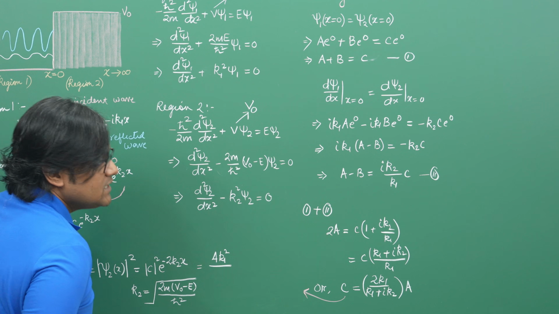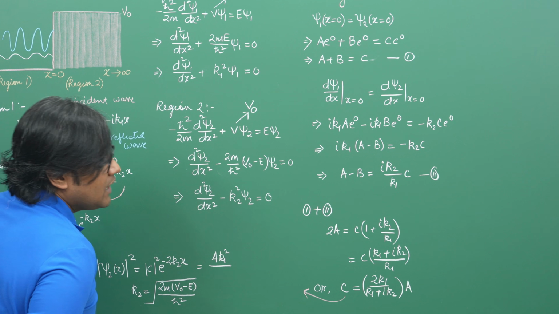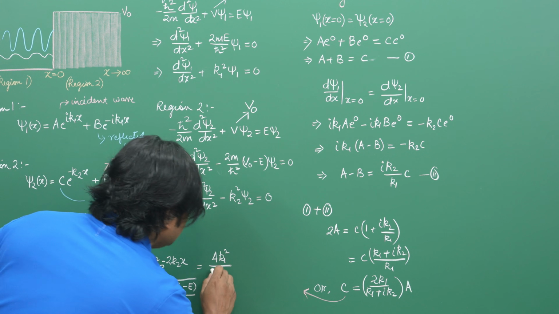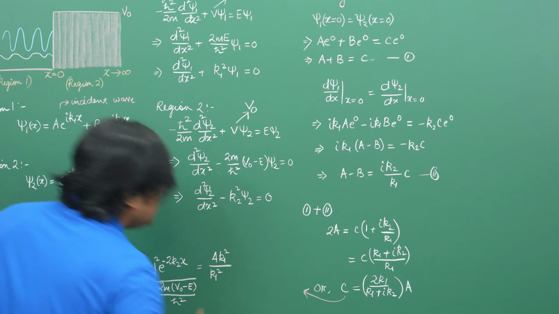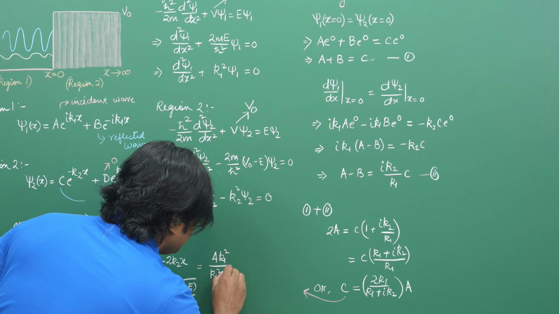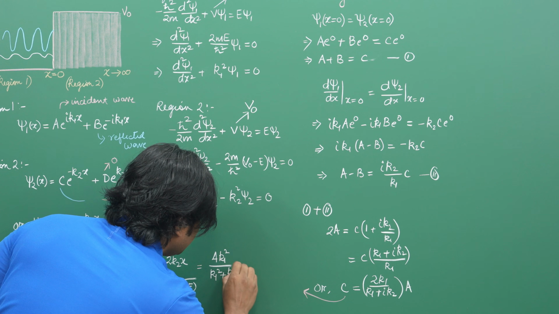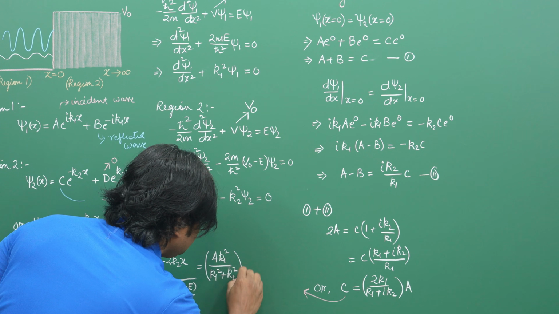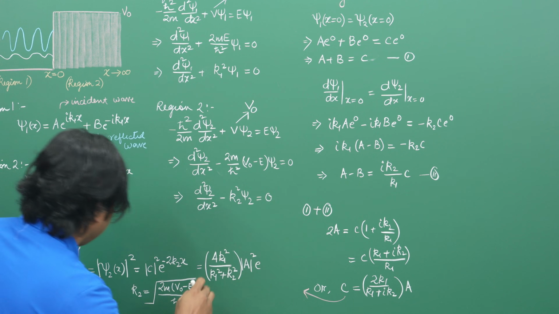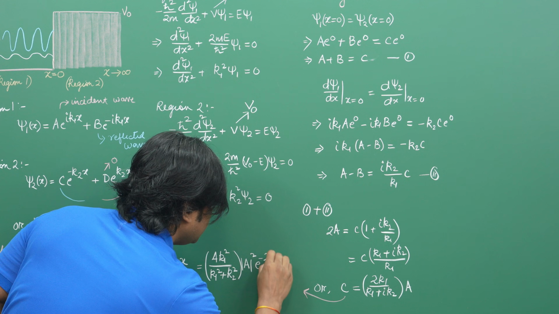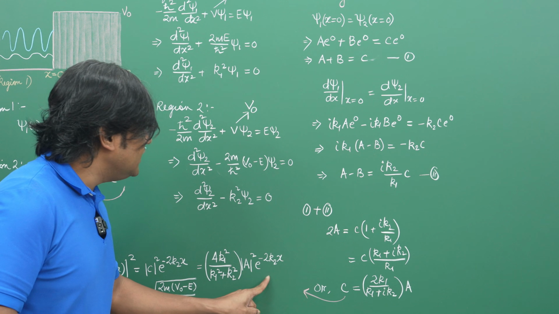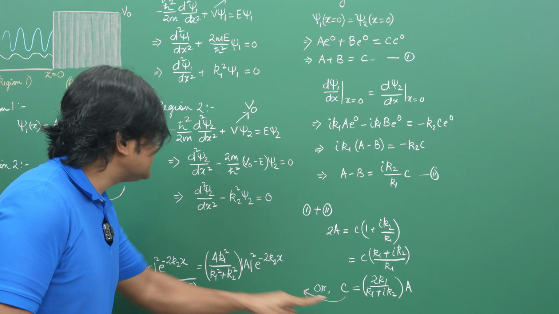So you have k1 plus iota k2 into k1 minus iota k2, which becomes k1 square minus iota k2 whole square, which is plus k2 square, right? And you have a mod square e to the power minus 2 k2 x. So as the particle penetrates deep in the barrier, its probability of being found decreases exponentially.